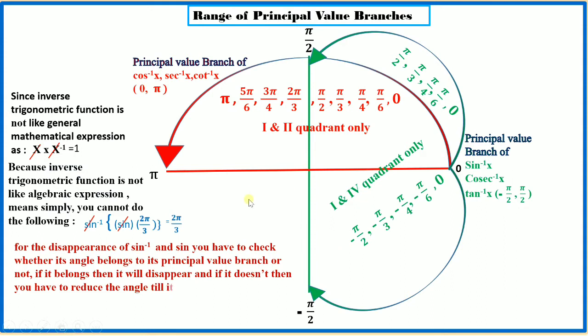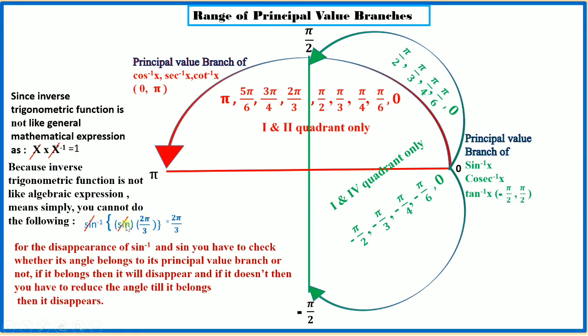You will be reducing it by trigonometric laws that I will explain later while taking the exercise. You will be reducing that angle till it belongs, then it disappears. What disappears? This sine and sine inverse. Now for example I take this one. In this case, sine inverse and sine, someone can simply cancel these two like this.